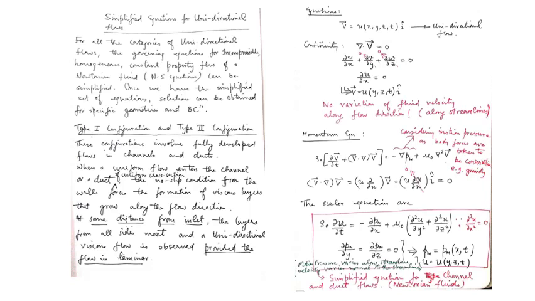Newtonian fluid, while it is definitely going to give me a simpler scenario, but later on I plan to show you that even if you have a non-Newtonian fluid and you are dealing with an incompressible homogeneous constant property flow which is unidirectional, but the fluid is non-Newtonian, even then we can go for this kind of simplification.